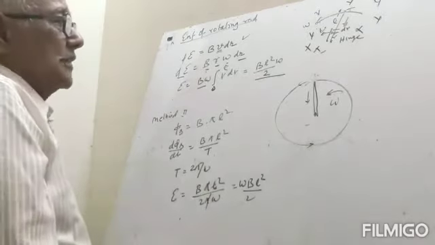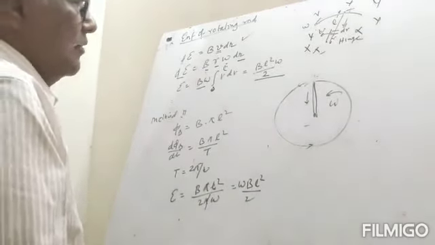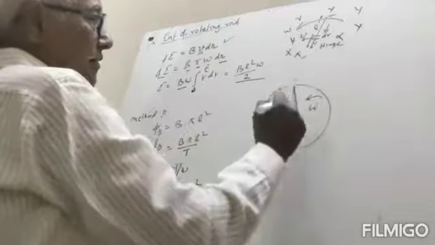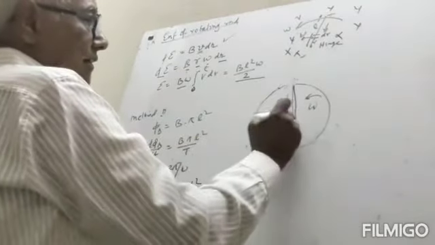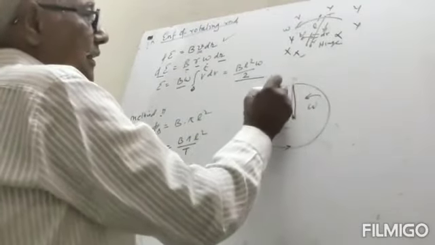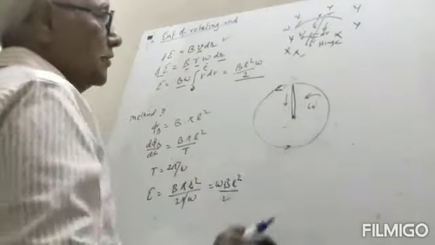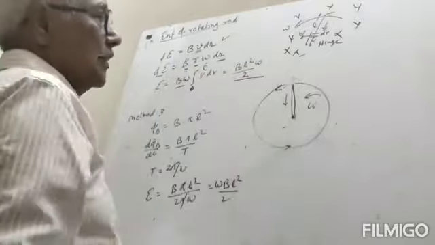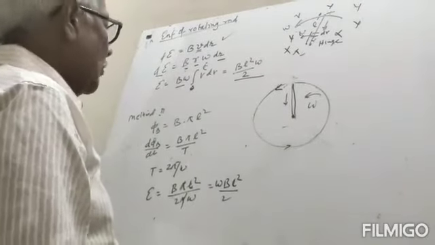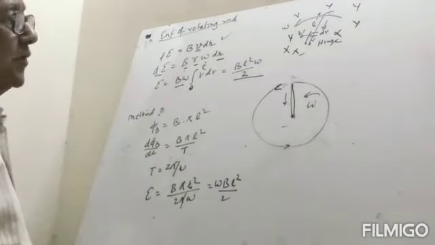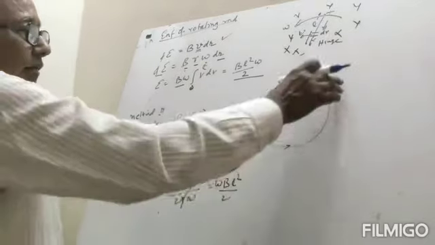Now we can also have a second method. Now this is the rod, the length is L and this is the hinge and it is rotating, then the radius will be equal to the length of this rod, rotating with angular velocity omega. Now what will be the magnetic flux covered by this?